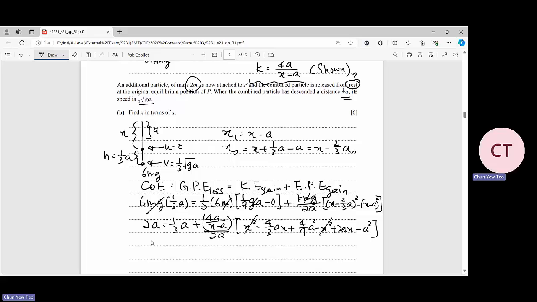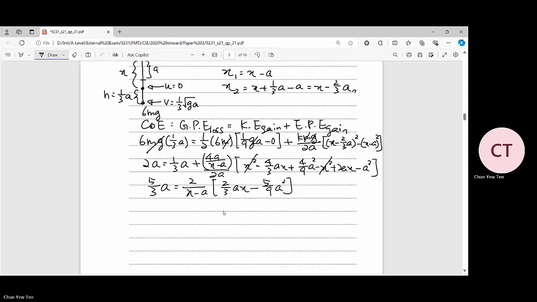This one you join together, you get 5/3a equals to the 2/x minus a. This one, it will be 2/3ax, then minus the 5/9 a squared.